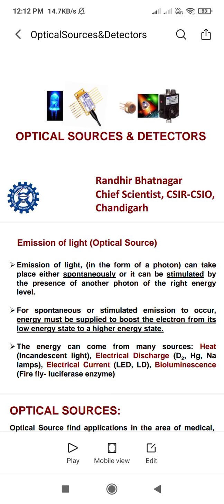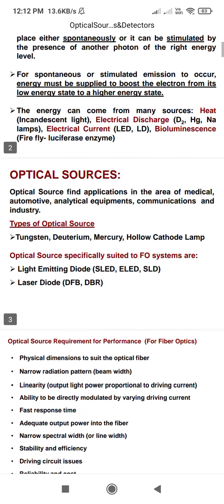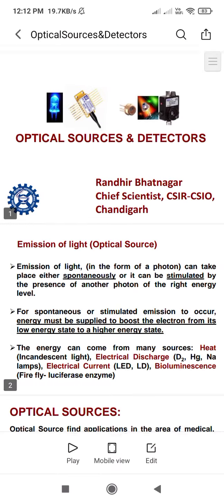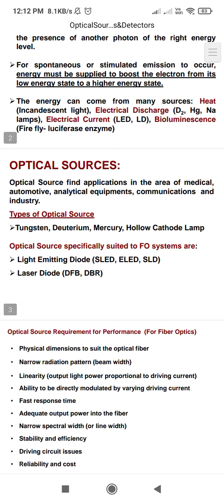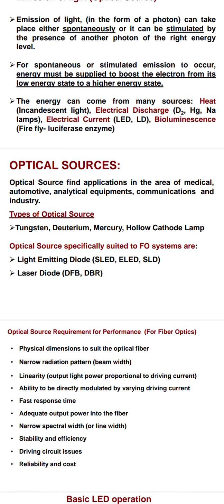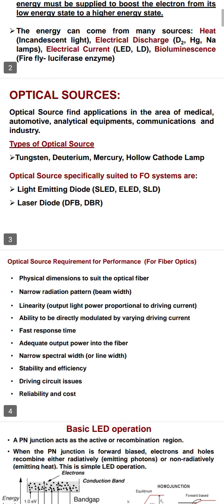These optical sources are used in medical resources, analytical equipment, communications and industries. These are the parts of the optical sources.